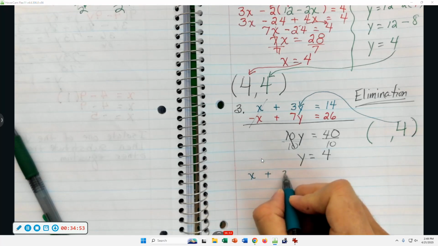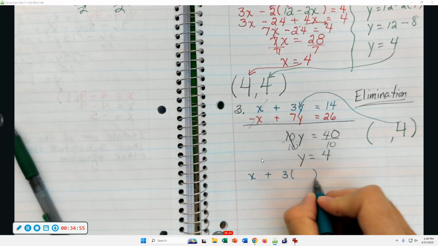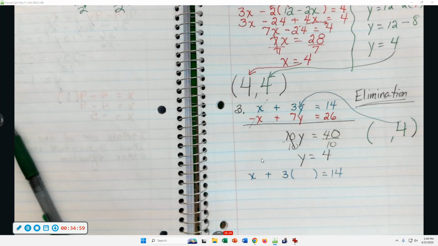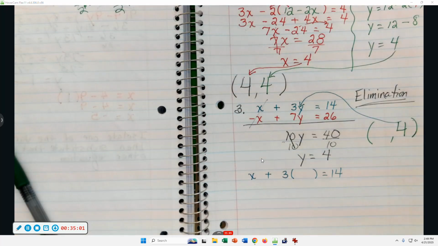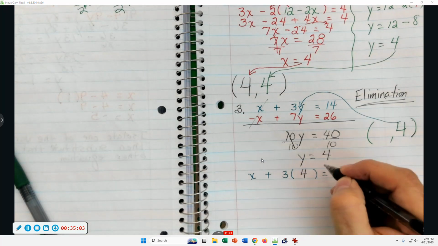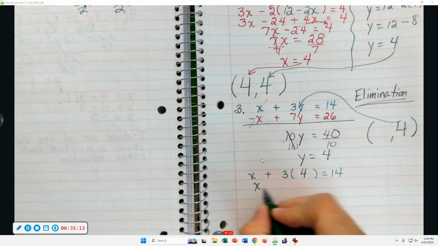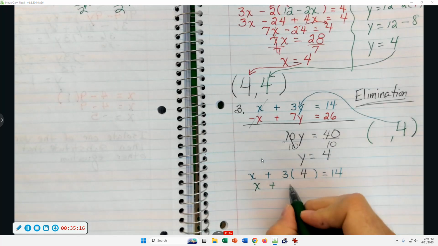Is it clear what I'm doing right now? I'm plugging the y value that we found into the first equation. So we have x plus 3 times 4, is that going to be a 12?